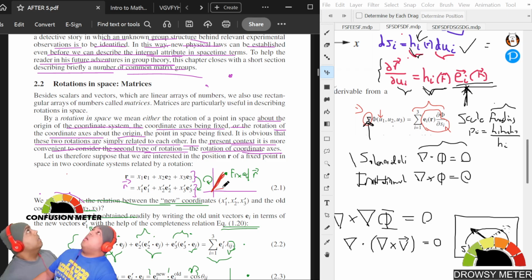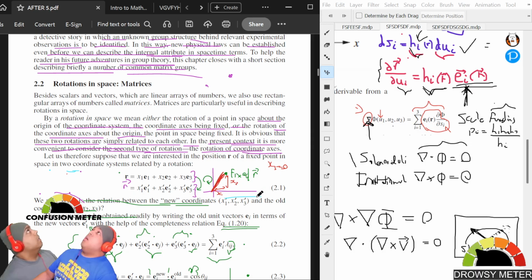Let's say x1, x2, and let's say x3 equals 0, right? Now we rotate this guy in the coordinate axis.